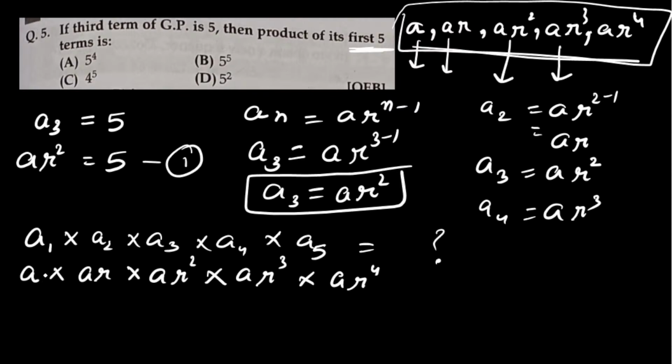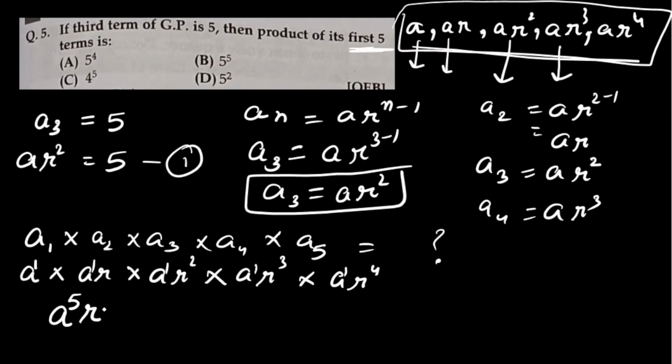Now if the bases are the same and they are getting multiplied, we add the powers. This is A to the power 1, A to the power 1, A to the power 1, A to the power 1, A to the power 1. 1 plus 1 plus 1 plus 1 plus 1, five times, so it will become A to the power 5.